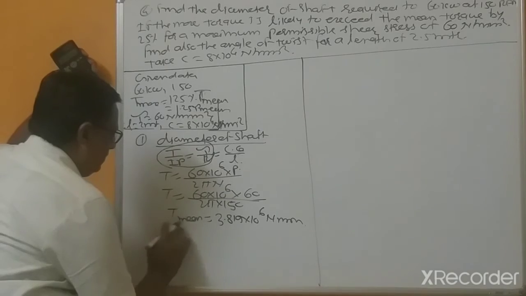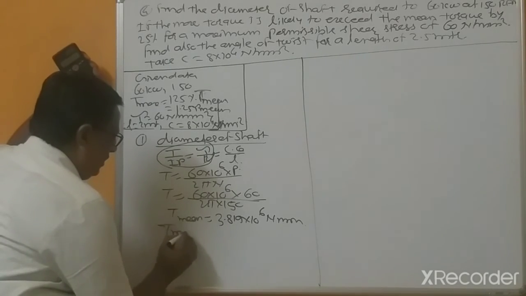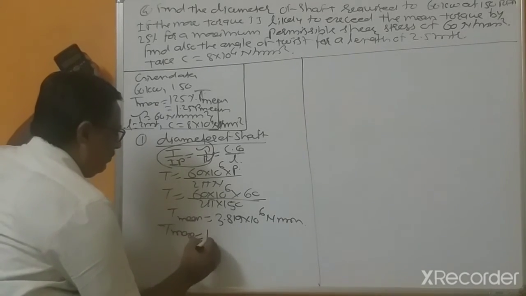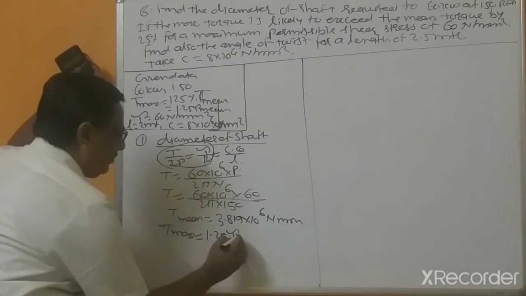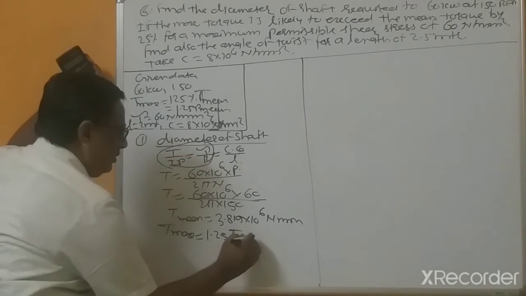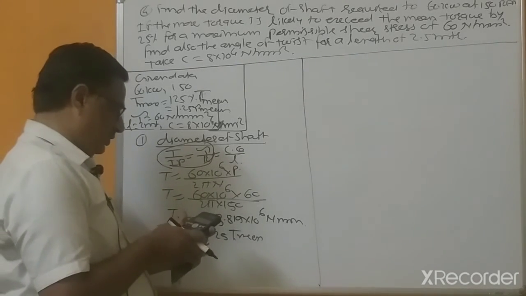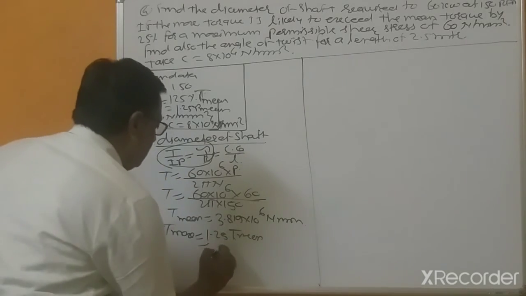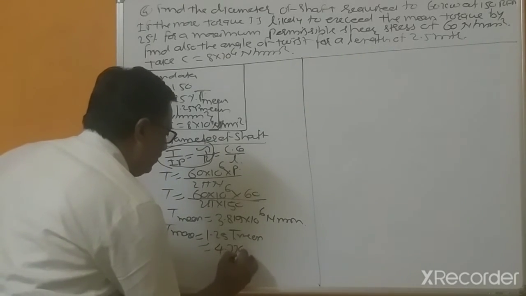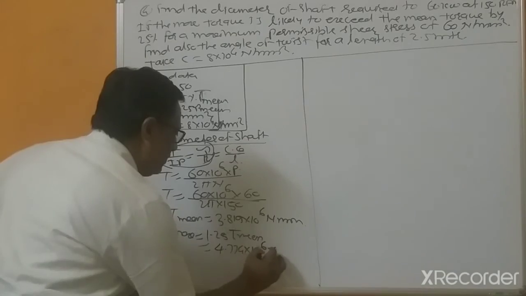But T max equal to 1.25 times T mean. So that's why multiplied by 1.25. So this is 4.774 into 10 to the power 6.